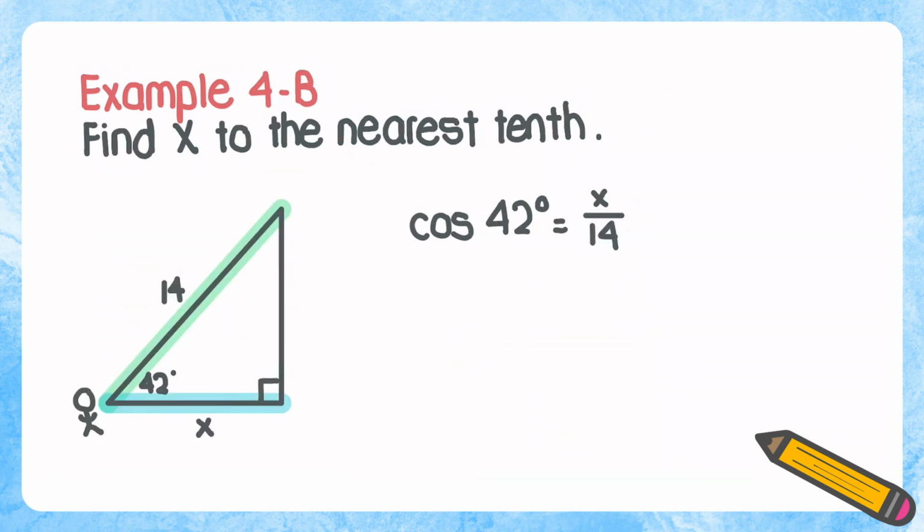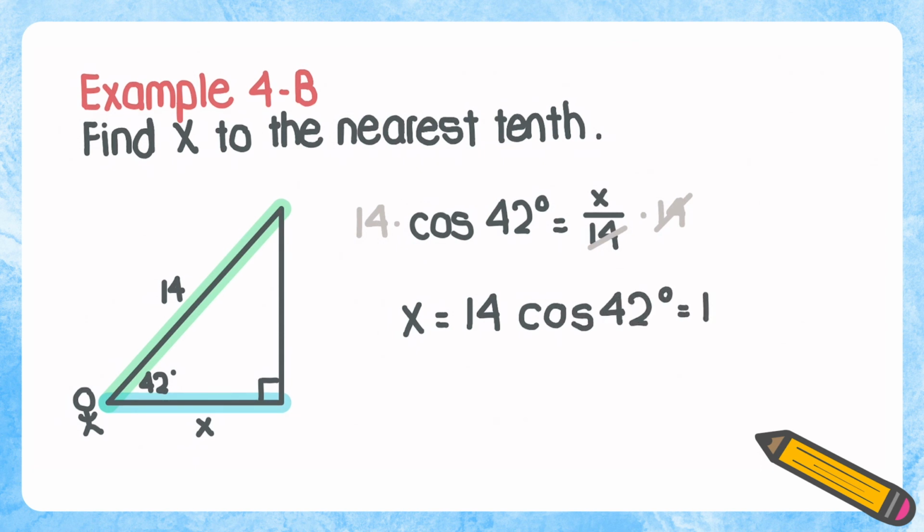Let's look at part B for example 4. We had the trig ratio cosine of 42 degrees equals x over 14. Here, to solve for x, we just multiply by 14 on both sides. This part cancels out, so x is isolated. We have x equals 14 times the cosine of 42 degrees.